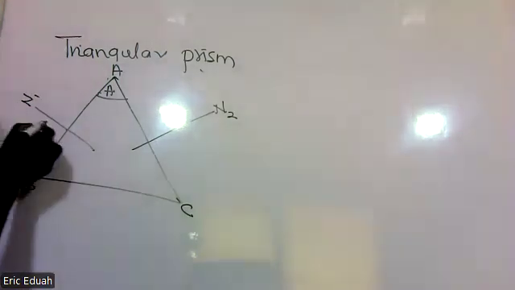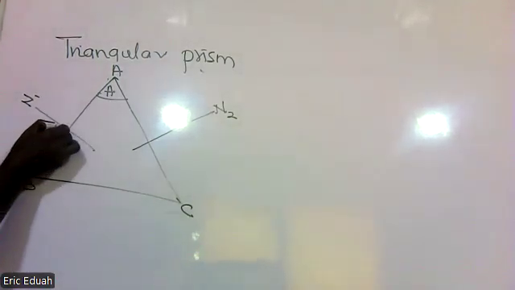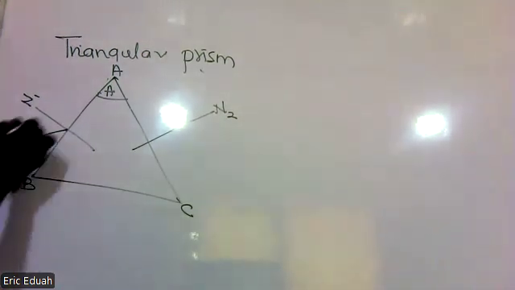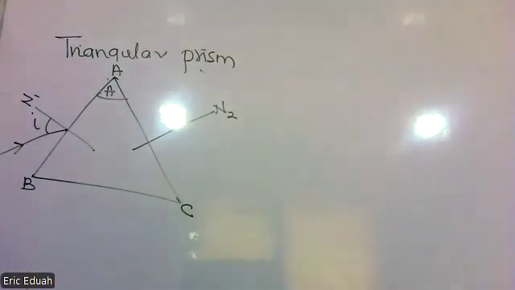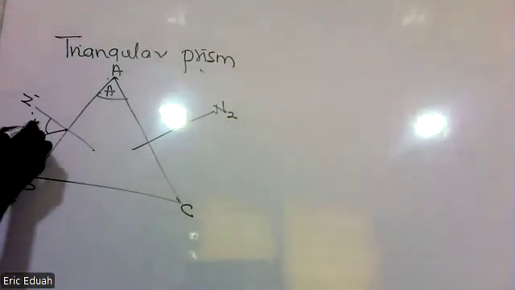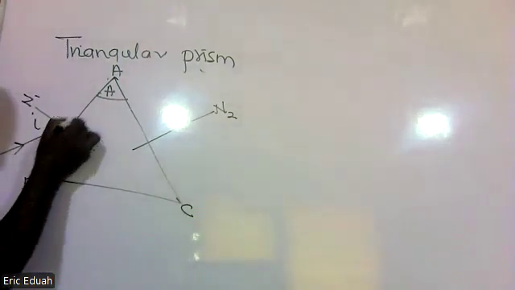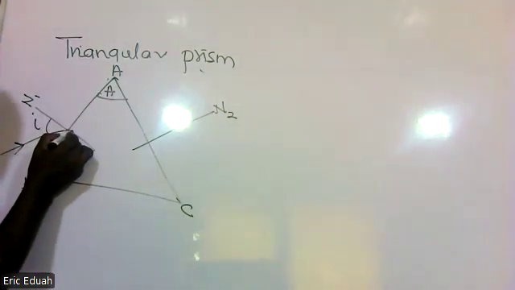So let's incident light at AB. This is the incident ray, meaning this is the angle of incidence I. Because the light is moving from air to glass, at the plane AB, it will deviate towards the normal.